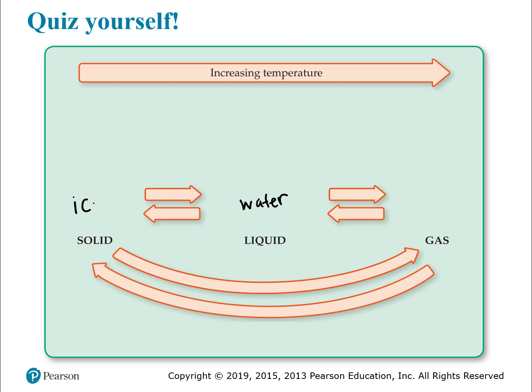The solid is ice, and the gas, water vapor or steam. You write in on top and on the bottom what the name of the process is. So if you're going from ice to water, you're melting. If you're doing the opposite, you're freezing. So use this to practice all those terms and know the relationship between all of them.